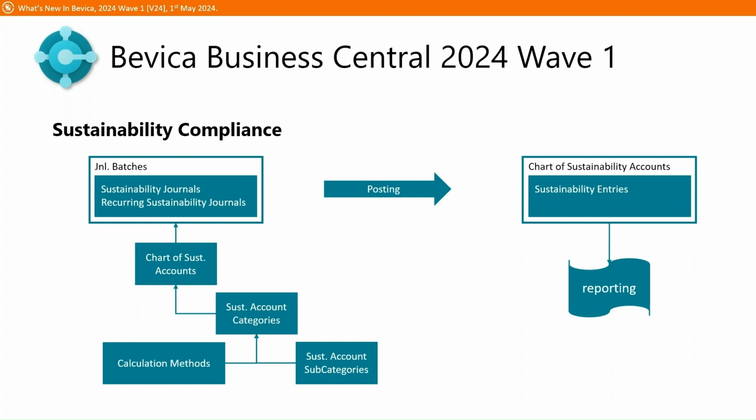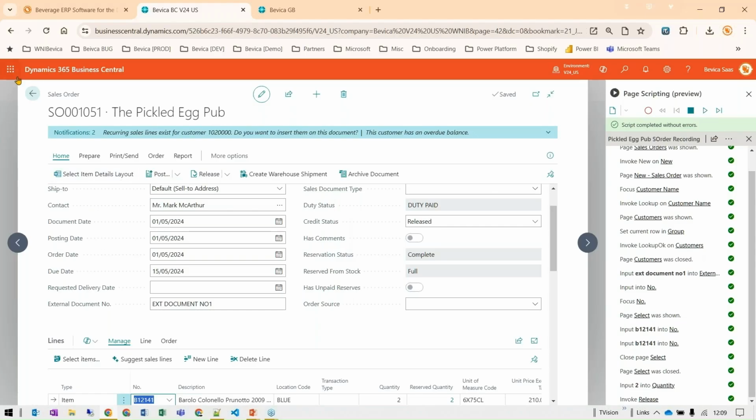That takes into account the chart of sustainability accounts, sub-accounts and sub-accounts with calculation methods to work out what the carbon footprint is on these journal entries. And you post the journal entries and it all goes into a chart of sustainability accounts. So I can quickly show you what that looks like.